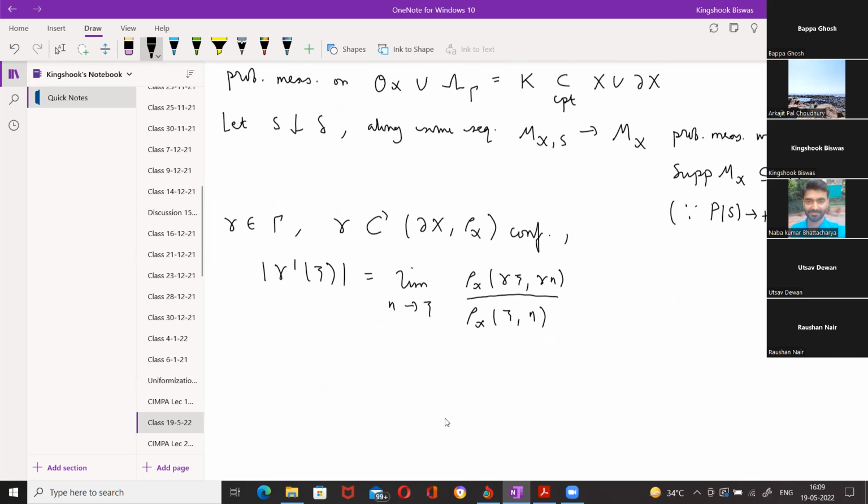And now since gamma is an isometry, rho x of gamma xi, gamma eta is the same as rho gamma inverse x of xi, eta, because gamma is an isometry.